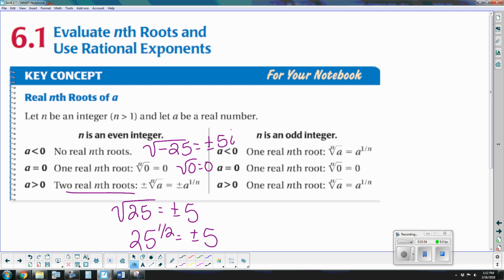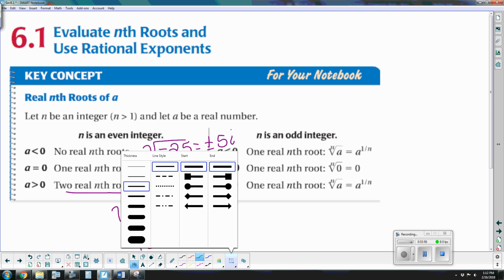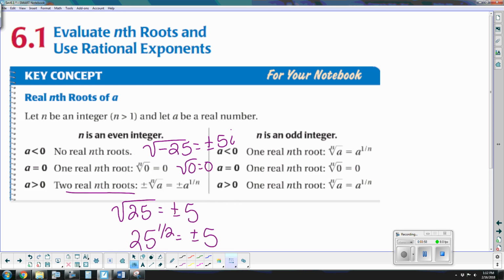Now, if n is an odd integer, and a is less than 0, let's look at the cubed root of negative 125. That's negative 5 times negative 5 times negative 5.